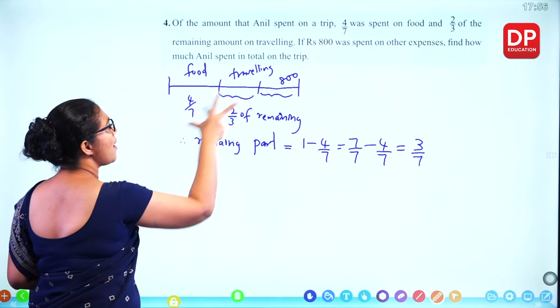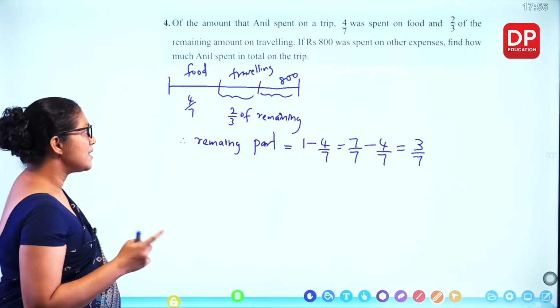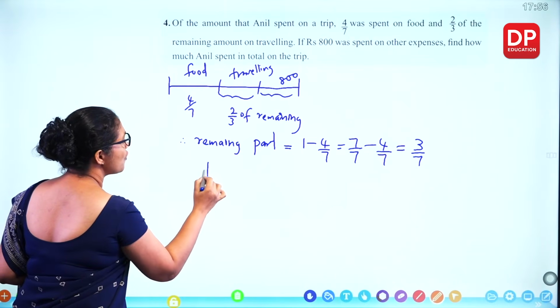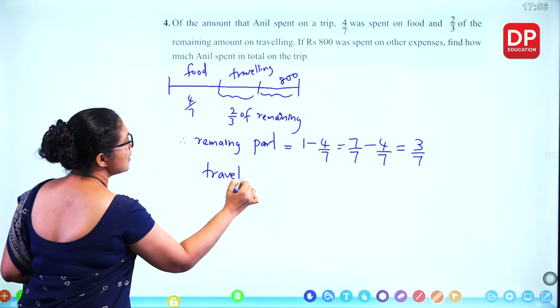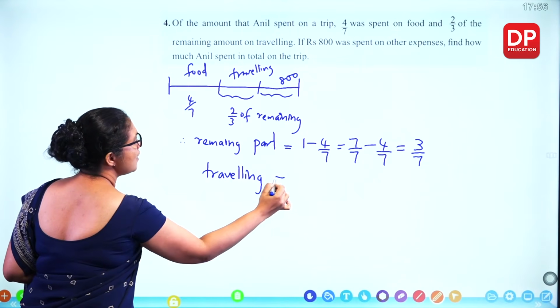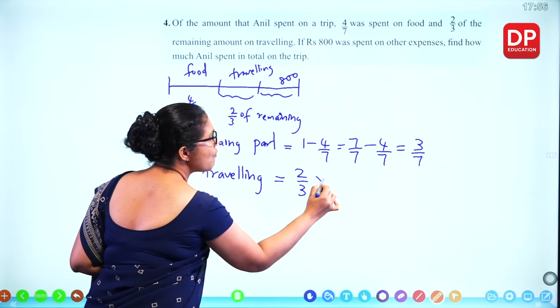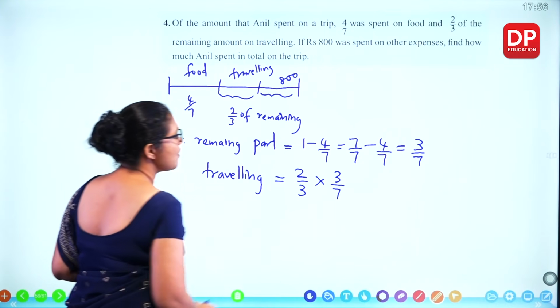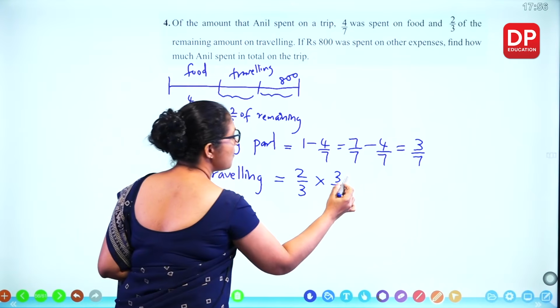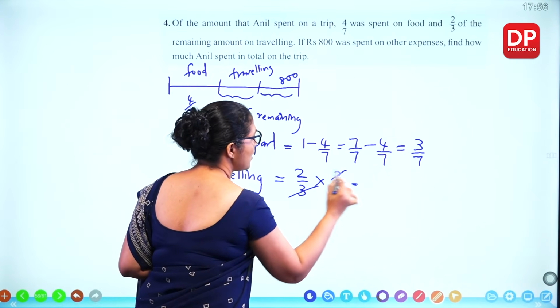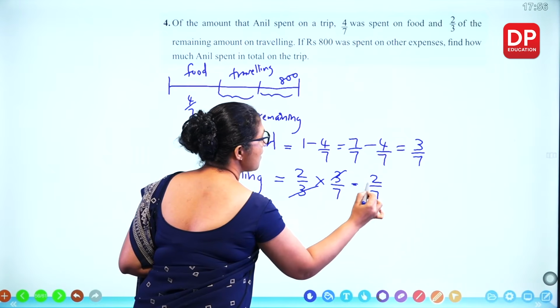That's the remaining part, the full remaining part. But it says 2/3 of remaining is for traveling. So for traveling, you can find 2/3 of the 3/7 remaining part. So simplify, we can see 3 gets cancelled out and you get 2/7.